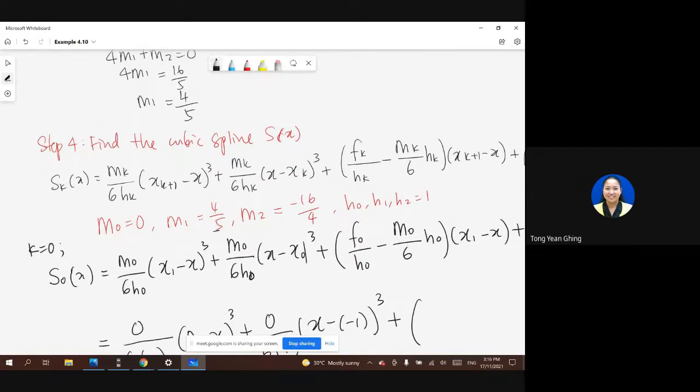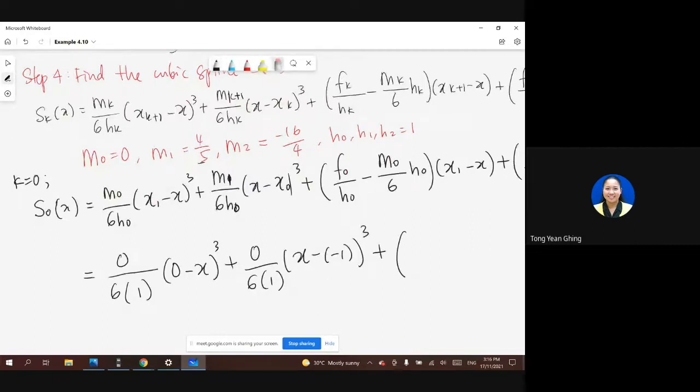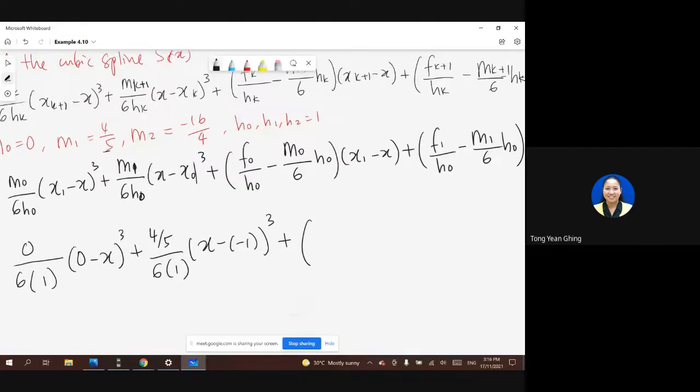It should be, this one is K plus 1. This one is K plus 1. This one should be 1. Okay, so this one is not 0. Sorry, see, I made a mistake. So this one is 4 over 5. So now, F naught just now is negative 1 over H naught, which is 1, minus 0 over 6.